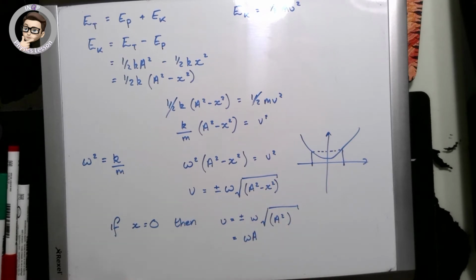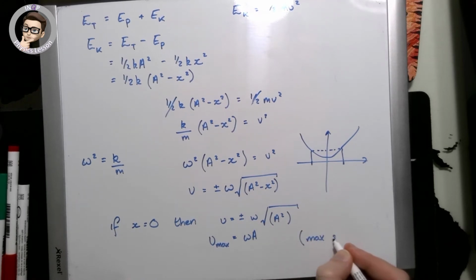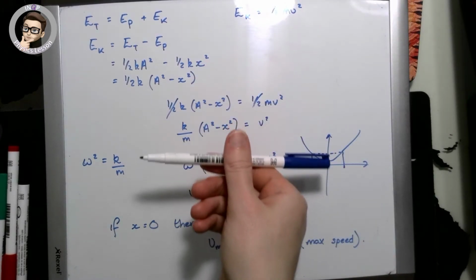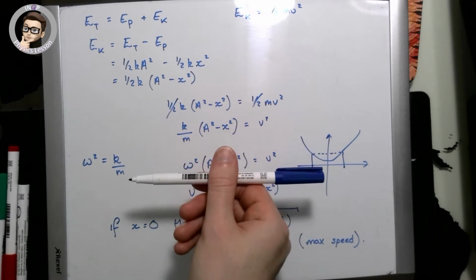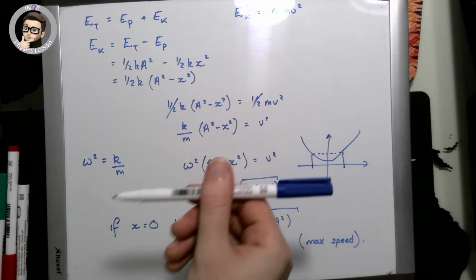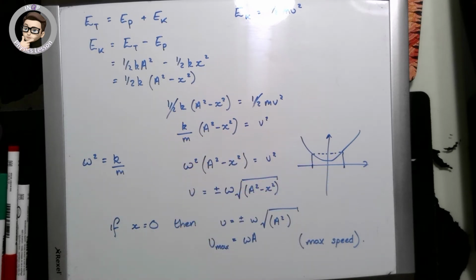So the maximum velocity, v max, is going to be omega times a, and that's my maximum speed, which is going to happen when it passes through that equilibrium point. So when the spring is bouncing down and it passes through the equilibrium point, remember the restoring force is 0, so my deceleration in either direction is 0, so therefore my velocity must be the maximum. Okay, so that's quite an important aspect, and that now allows us to calculate the maximum speed and the speed at any point during a cycle.